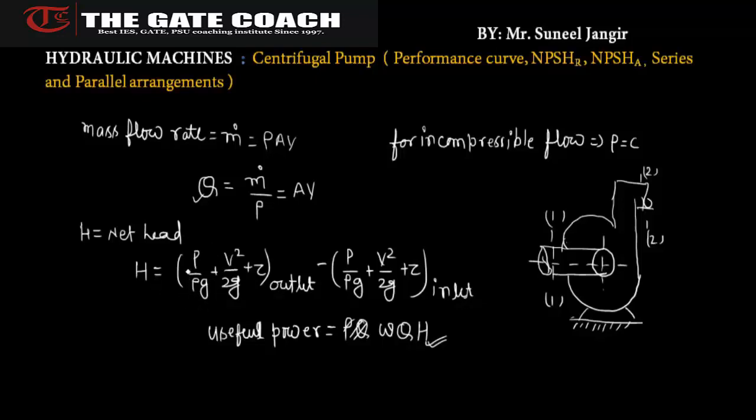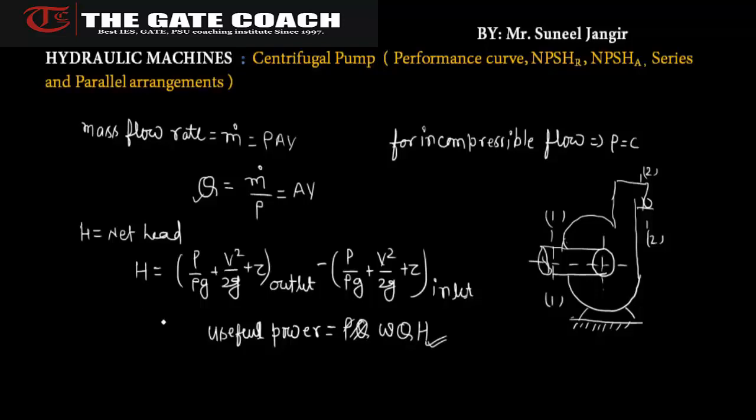The part P by rho g is the static pressure head, the part V square upon 2g is the dynamic pressure head, and the part Z is the elevation head. In this case the head is always expressed in terms of water, no matter what type of fluid is flowing through the pump, that is, in meters.